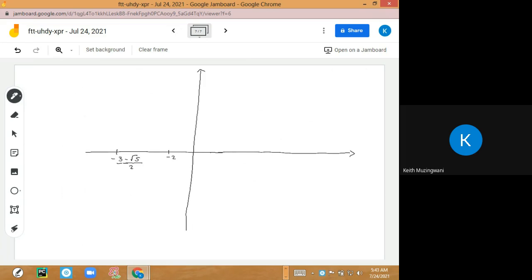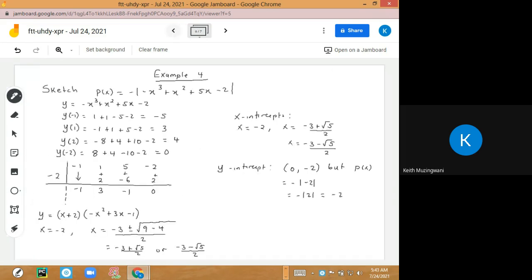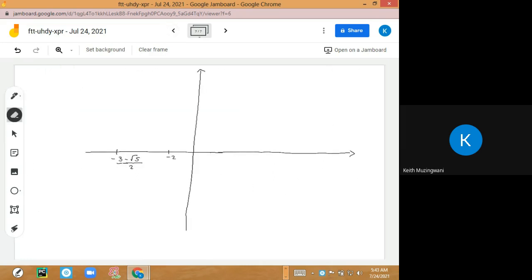And the other one, it seems like all these numbers are negatives. So we have everything on the negative. So let me redo those.